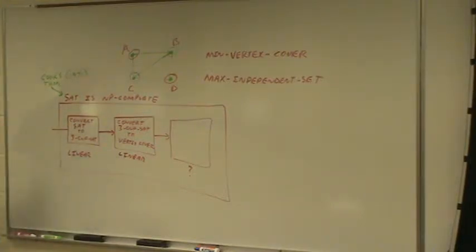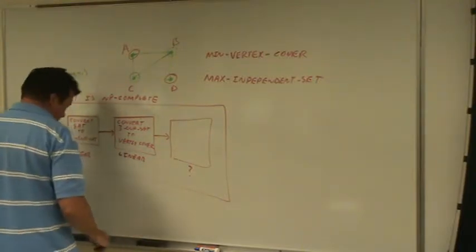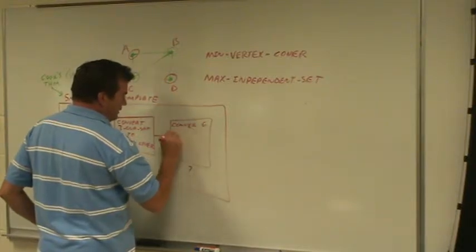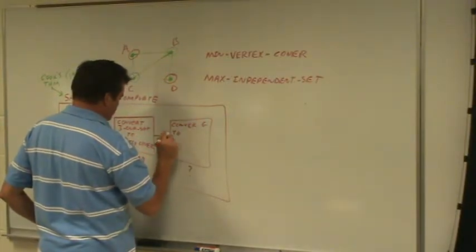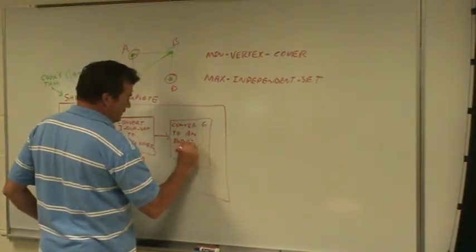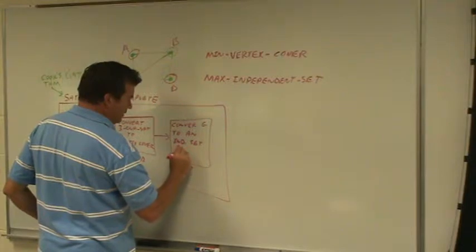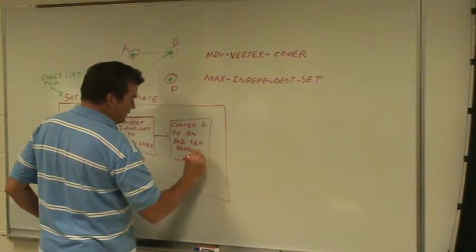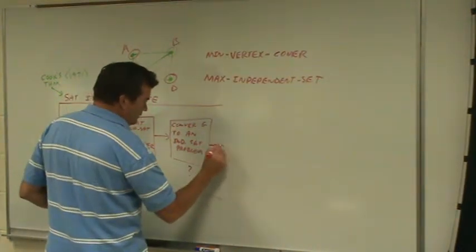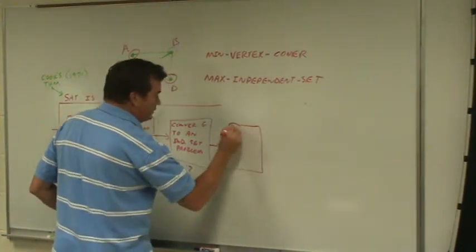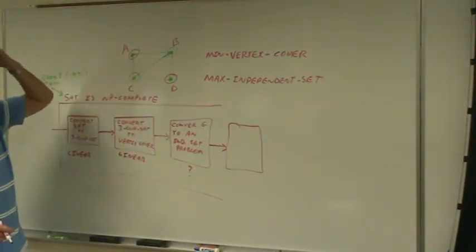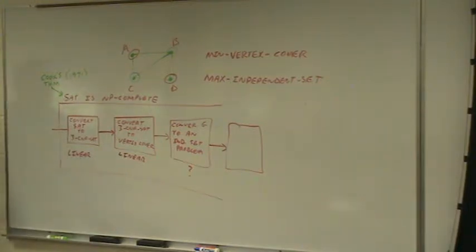So we could just reverse all the edges, so we could convert G to an independent set problem. And then the fourth step would be to solve. Now to convert a graph to its complementary graph would take how much time?